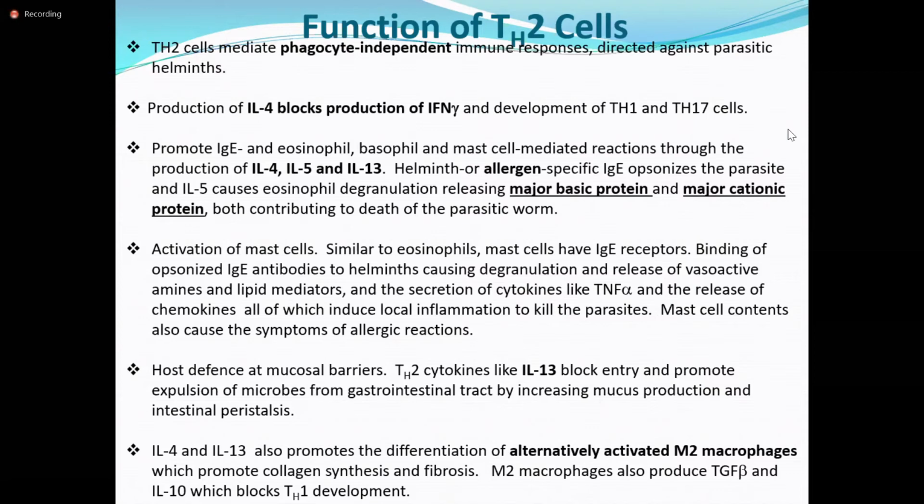These allergies are a misdirected immune response because the original role of this response is directed against parasites in the environment that we take in, whether we drink amoebic water, contaminated water, or parasitic worms in the food.